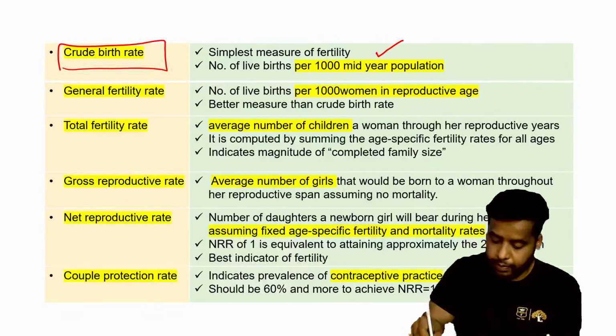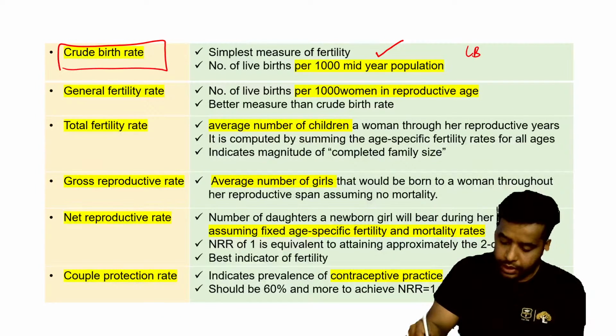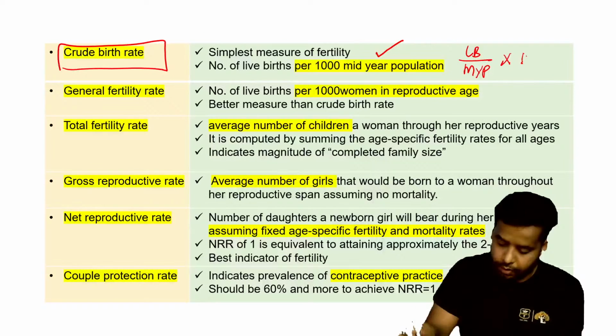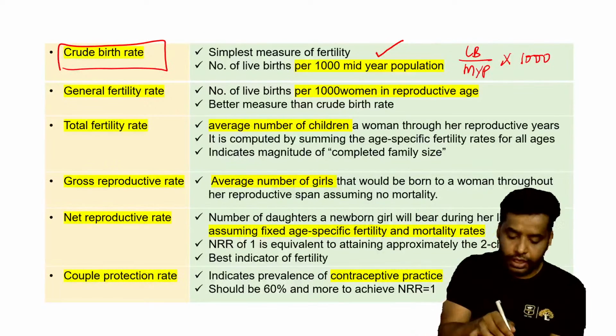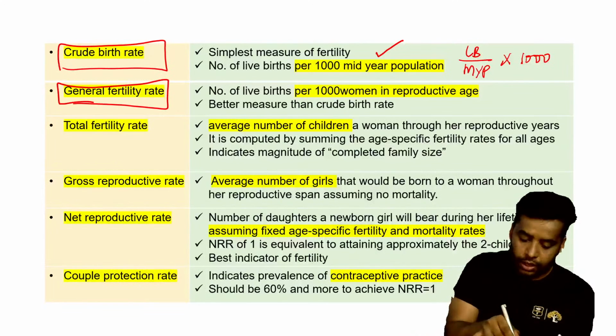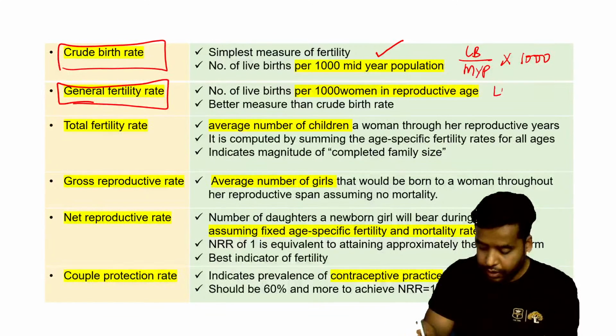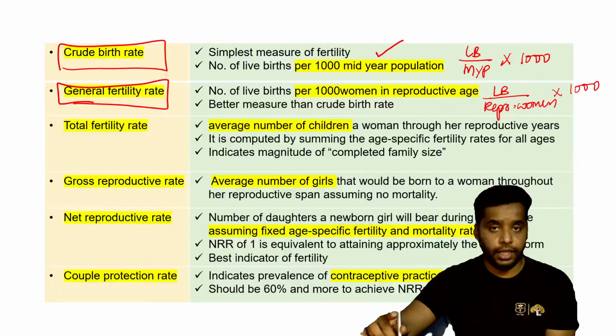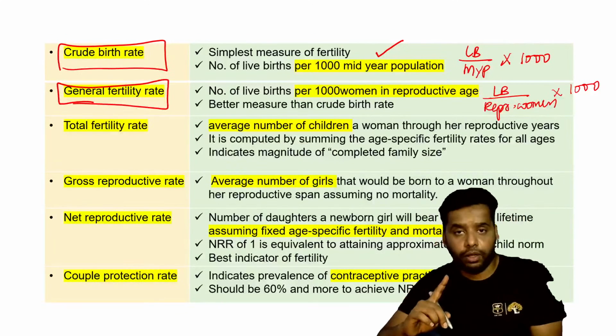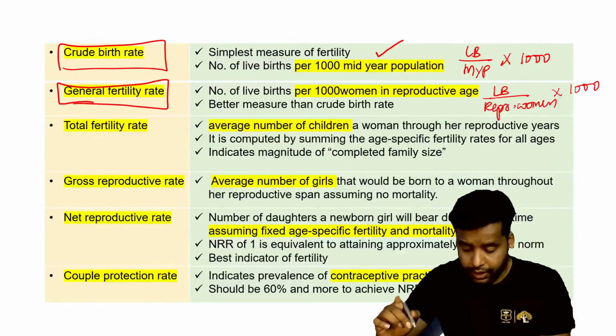So mid-year population is in the denominator. But if I change the denominator to reproductive women, live births divided by reproductive women into 1,000, that becomes the general fertility rate. Number of live births per 1,000 women of reproductive age group is the general fertility rate.